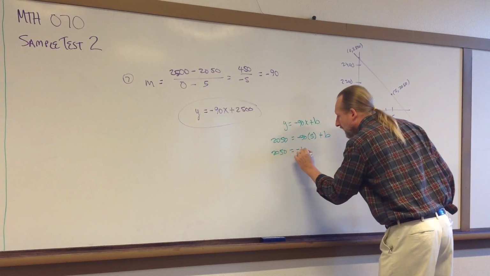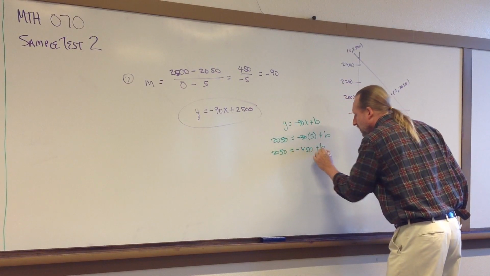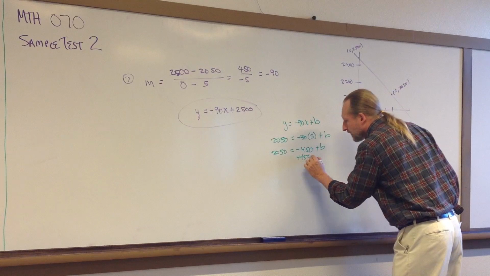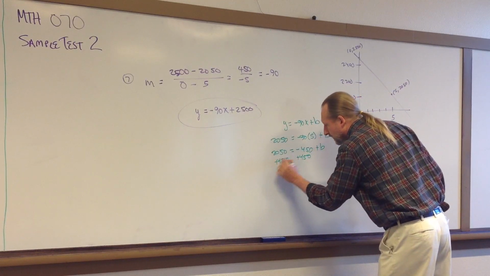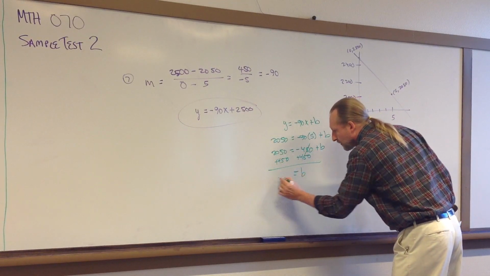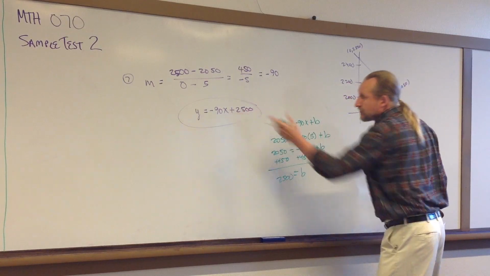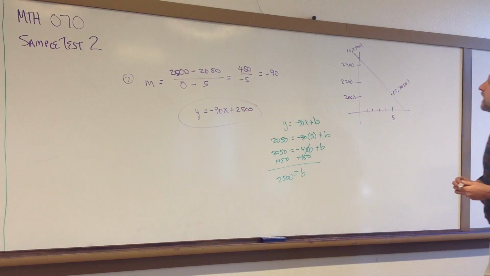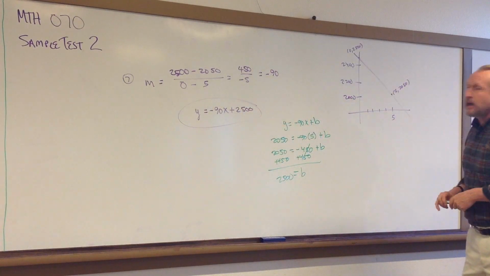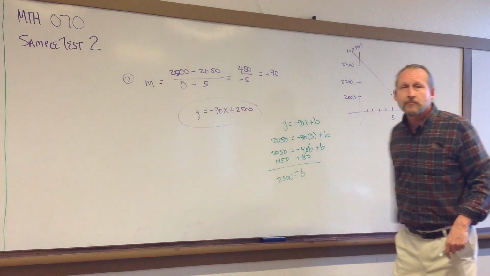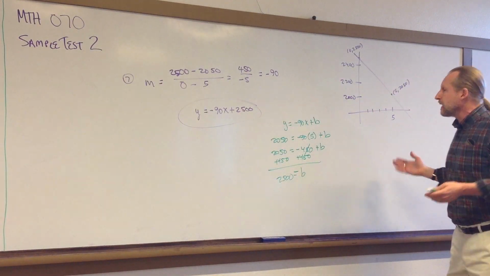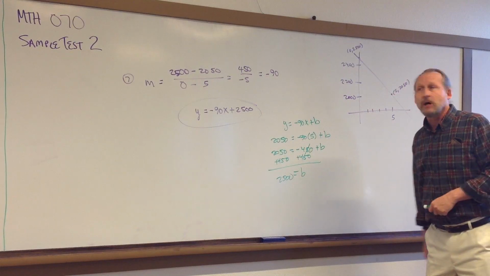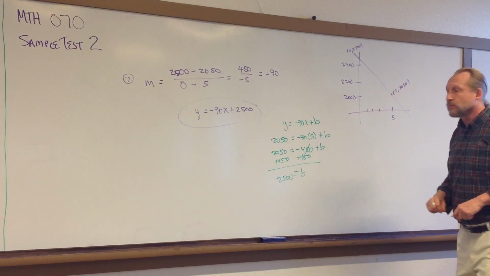So that'll be negative 450. And then add that to the other side to get the b by itself. And so b is 2500, and that's just what we had. Okay? So if they give you the y-intercept, you can just go ahead and put it in. If not, or if you don't recognize it, you can always calculate the y-intercept by plugging in x and y values.